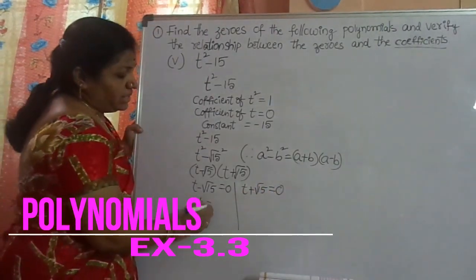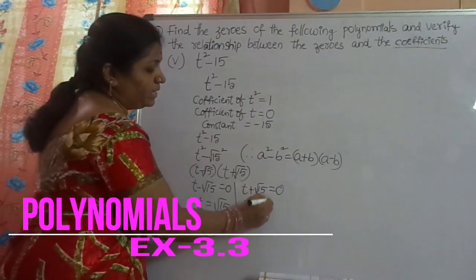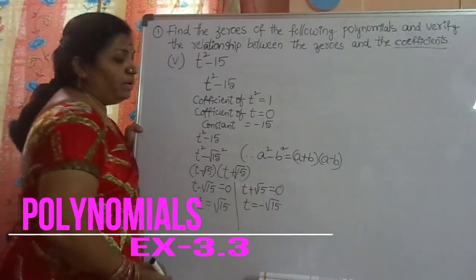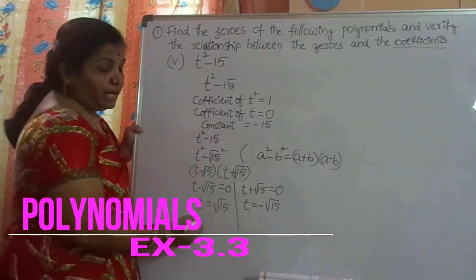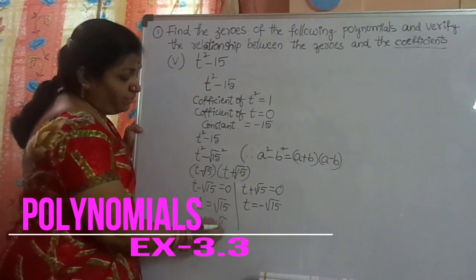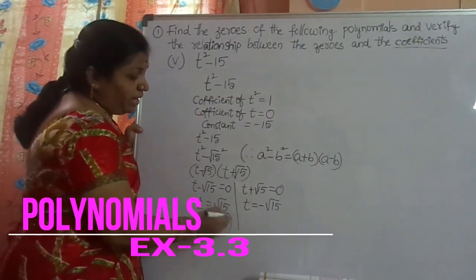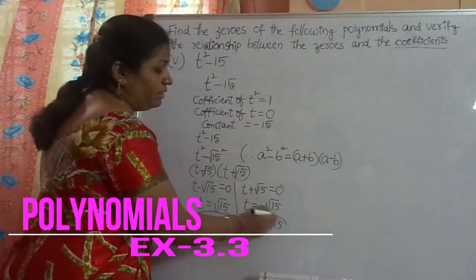From that, t is equal to root 15 and t is equal to minus root 15. What are the zeros? The 2 zeros we got are root 15 and minus root 15. I am taking alpha as root 15 and beta as minus root 15.